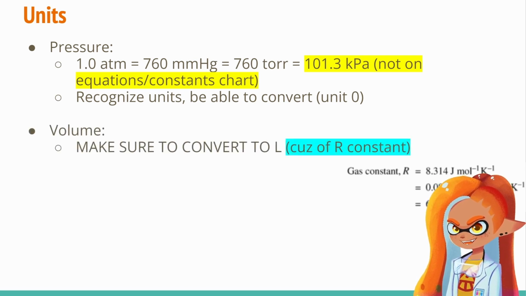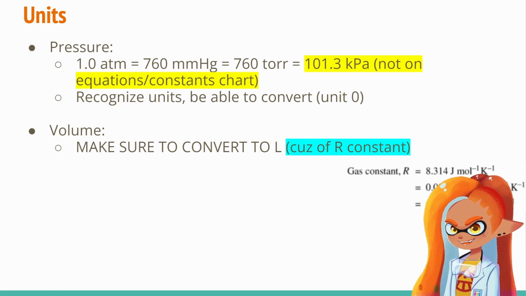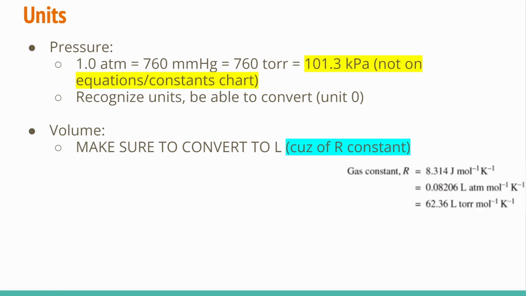Volume is going to be converted to liters. If you look right here, you can see that the gas constants, the second and the third one, have it in liters. So if you're given milliliters or some other unit for volume, make sure to convert it, because again, look at your gas constants. It is liters, so make sure that you do that.